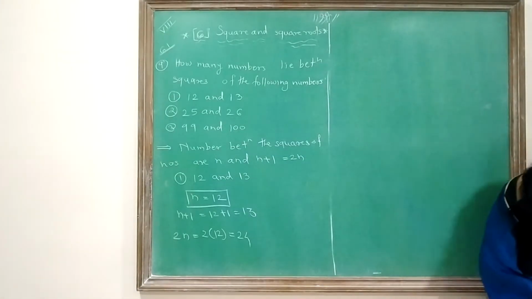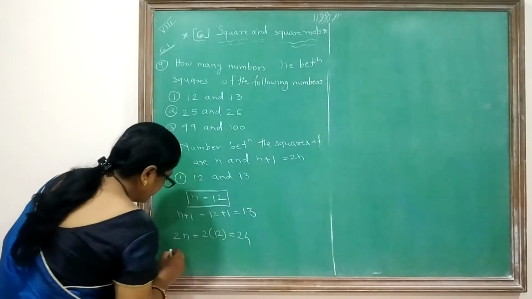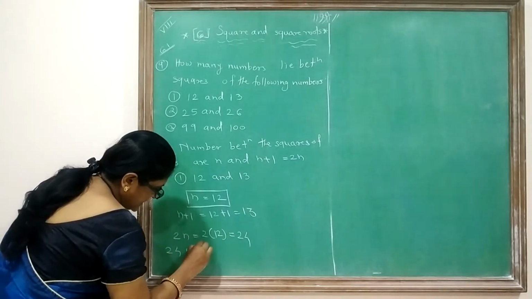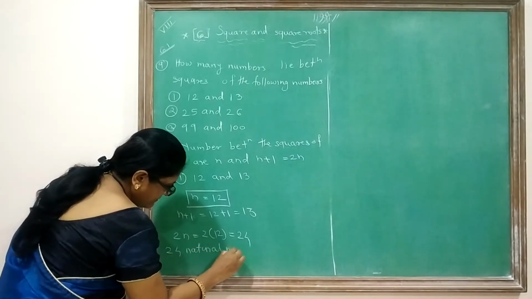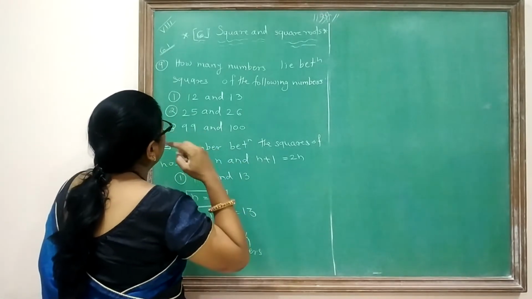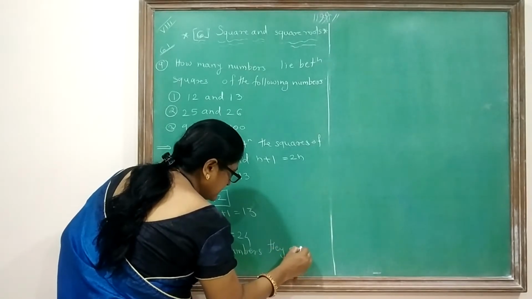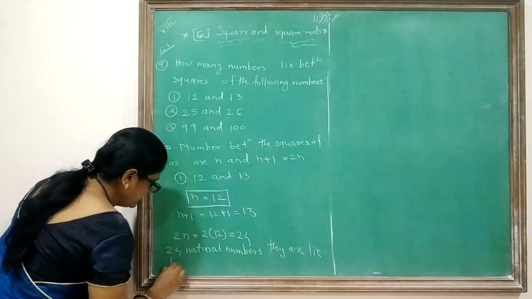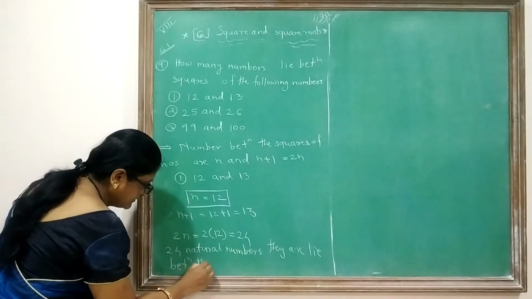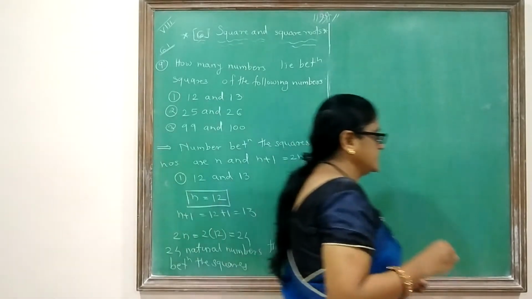Then in the last sentence you will write: 24 natural numbers lie between the squares. This is your answer.